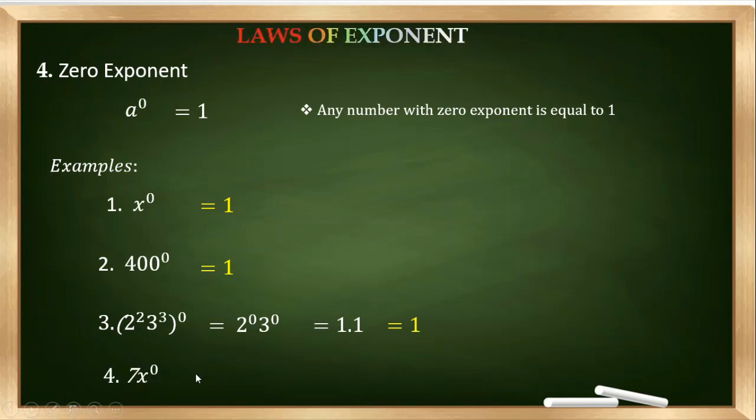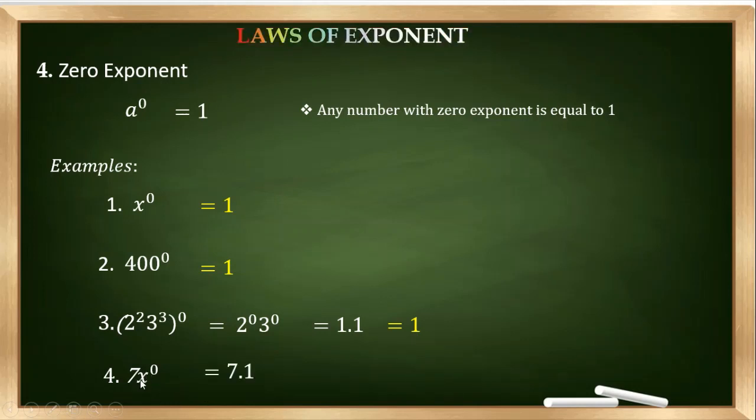Last one is we have here 7x raised to 0 power. So kung napansin nyo, yung x lamang po ang mayroong exponent na 0, hindi kasama yung 7, alright? Because hindi naman sila naka-enclose sa parentheses. So here, ang gagawin natin is we have 7 times 1, okay?